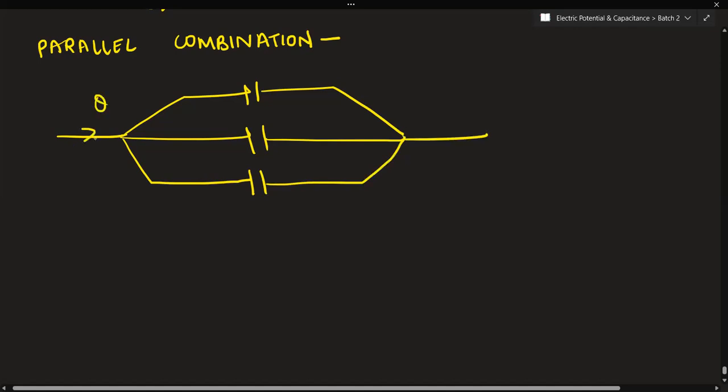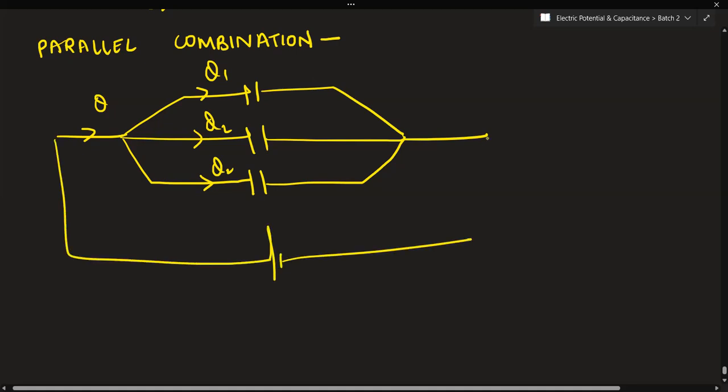So charge has flowed to it. So now charge distribution will be different. Now you understand, because charge gets divided by branching. And in parallel combination, you have branches only. But potential difference of the whole system, this will be the same.